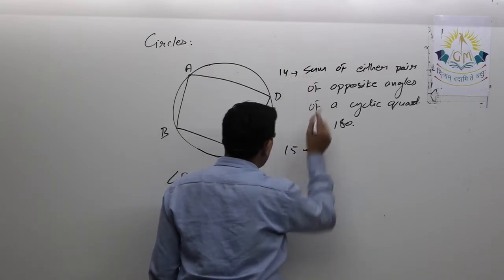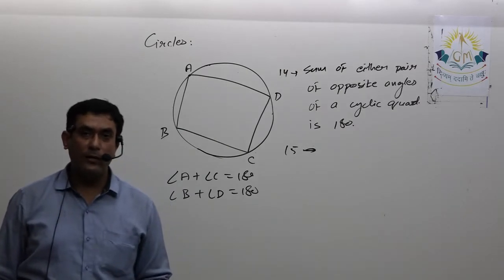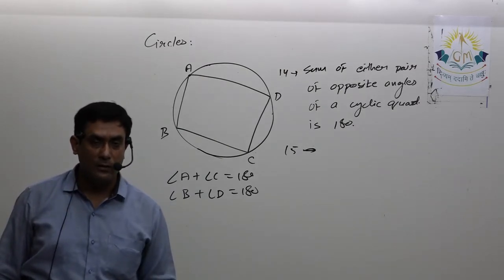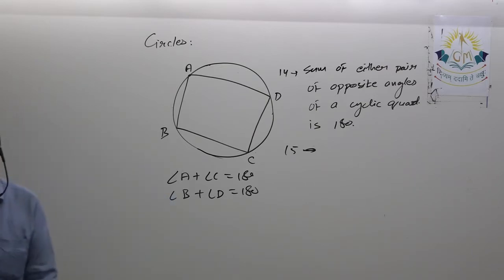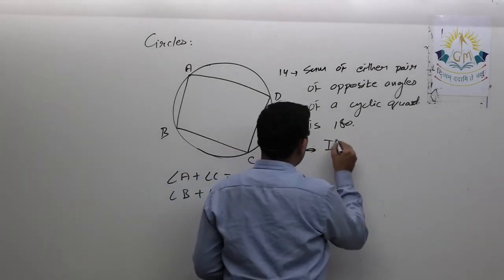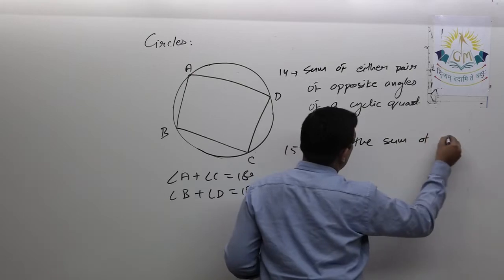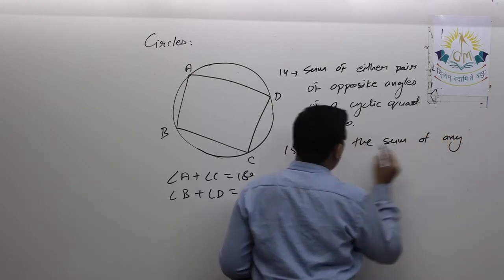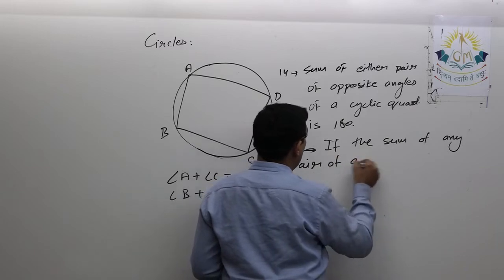Now next theorem is converse of this. That means if the sum of the opposite angles of any one pair of a quadrilateral is 180 degree, then the quadrilateral is cyclic.